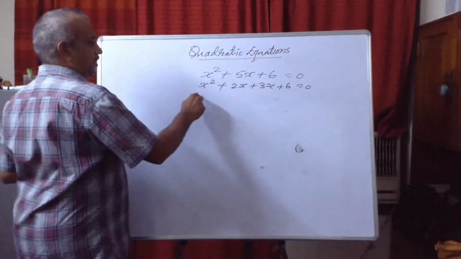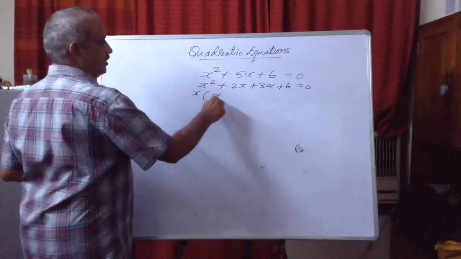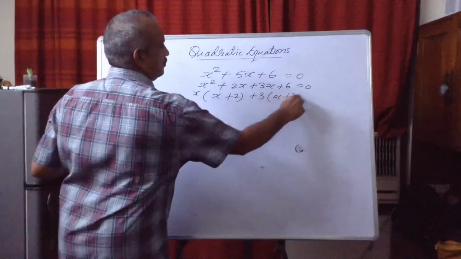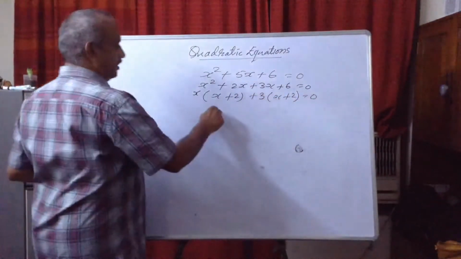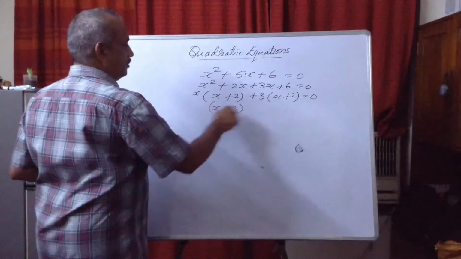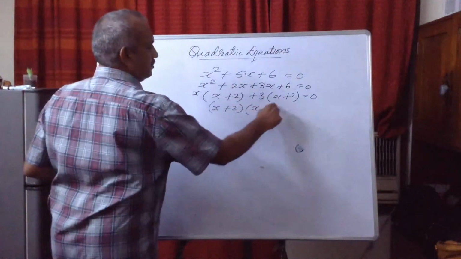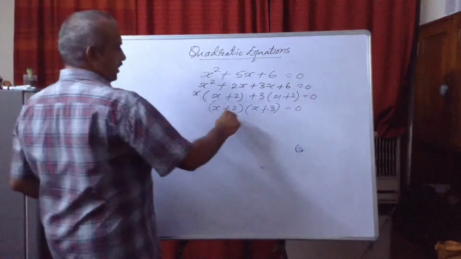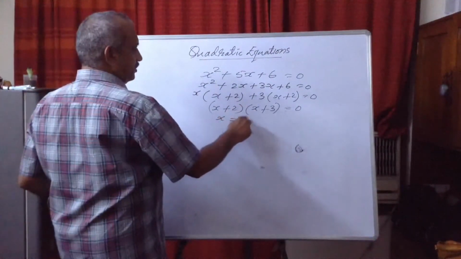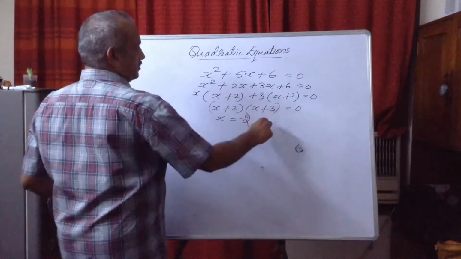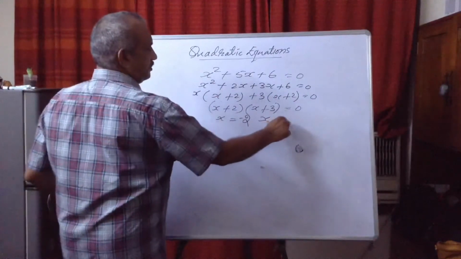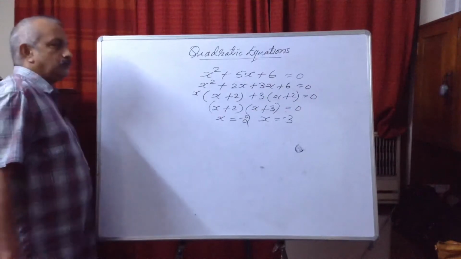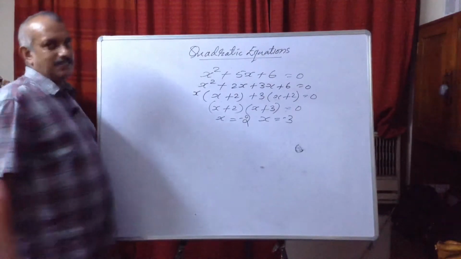Then from the first two terms, x into x plus 2, plus 3 into x plus 2 is equal to 0. So we get x plus 2 into x plus 3 is equal to 0. Then if x plus 2 is equal to 0, x is equal to minus 2, or if x plus 3 is equal to 0, x is equal to minus 3. So these are the two roots of this quadratic polynomial.